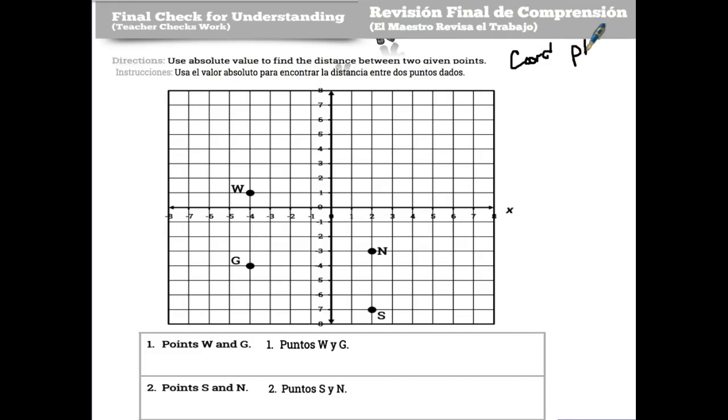You want to determine the distance by counting. Kind of hard to write on a keypad. Okay, count the distance. You want to determine the quadrant. And you want to determine if you're going to add or subtract.